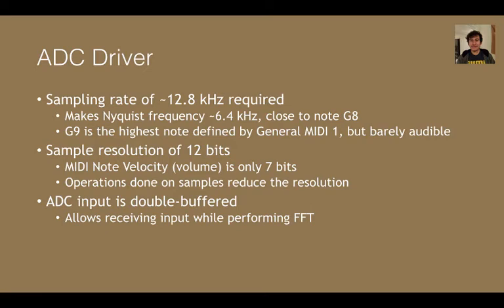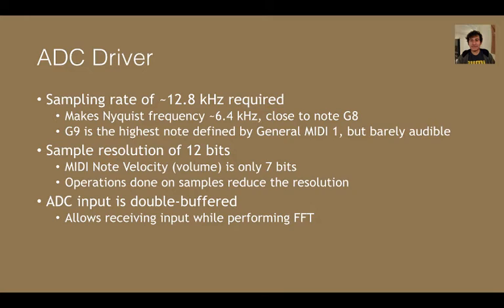We could choose a sampling frequency that allows us to detect notes up to G9, which is the maximum note defined by General MIDI 1. But this note is barely audible by people, and very rarely can any analog instrument play this note.